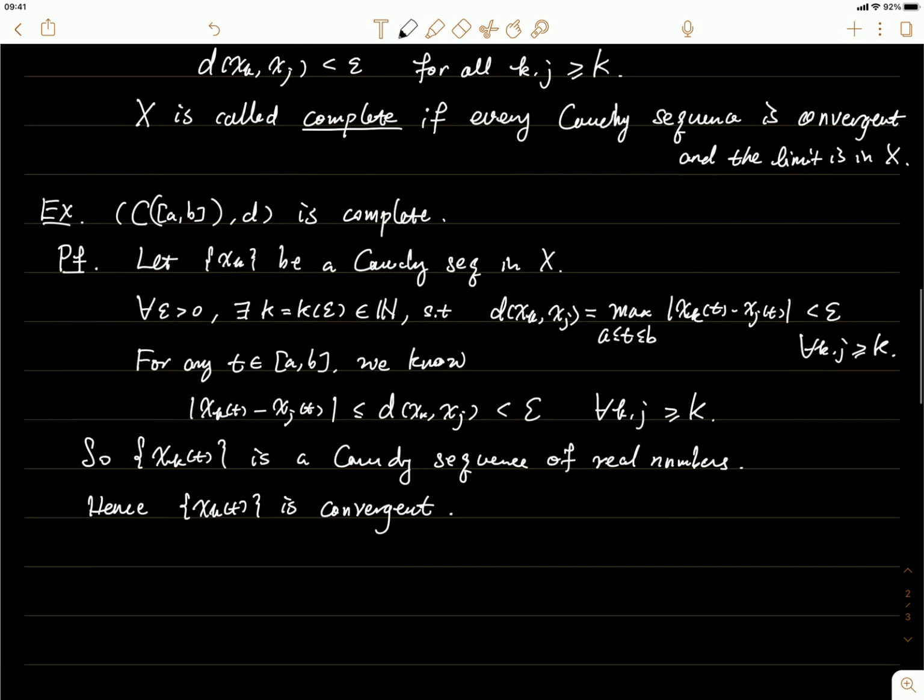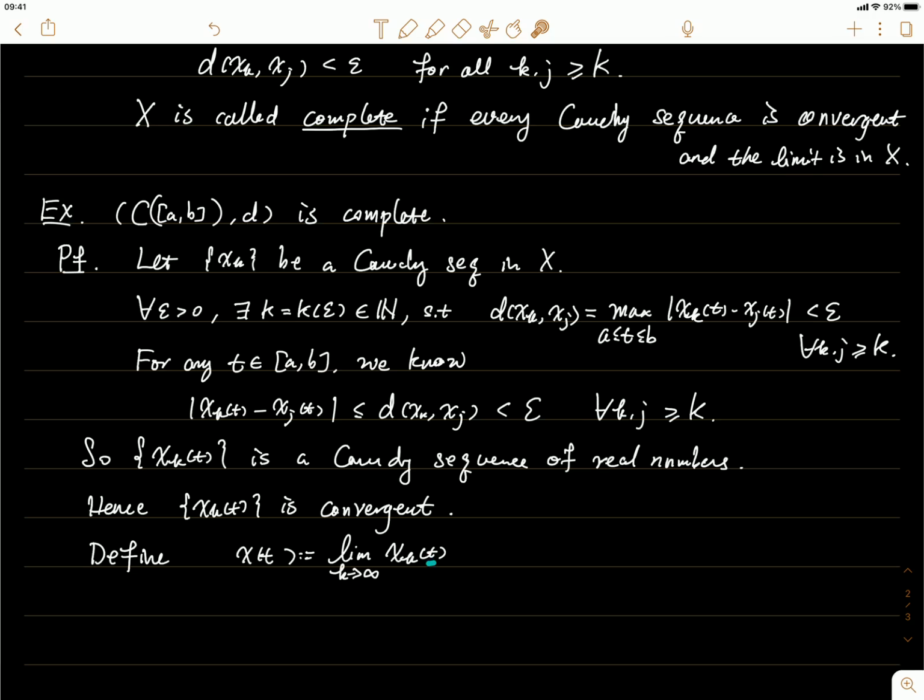Now we know that this is a convergent sequence for every given t. Let's define the limit to be x(t). So let x(t) be the limit of x_k(t). What I mean is that for every fixed t, this is a sequence of numbers that is convergent, and I call its limit x(t).